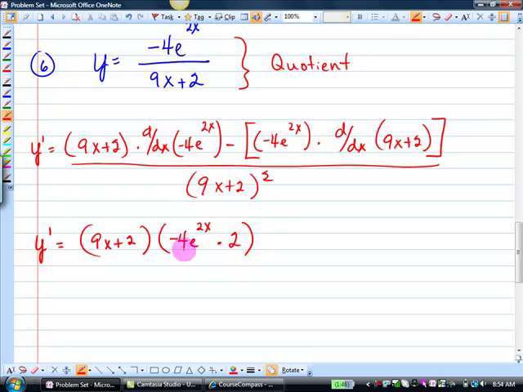Because it's the original times the derivative of the exponent, which is 2. Okay? Minus negative 4e to the 2x times, what's the derivative of 9x plus 2? 9. Okay.